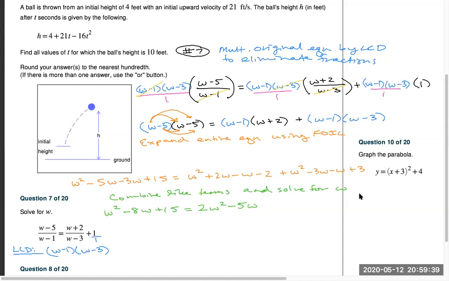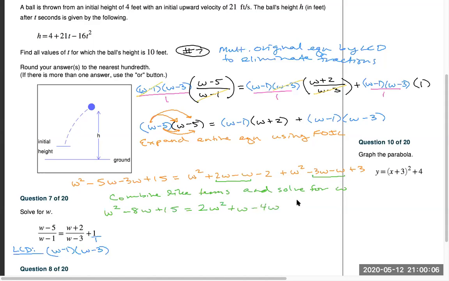Let me just check. Oh, yeah, my bad. Let me just do it in steps. So here, start with this part. That's just going to be plus W. And then here, that's going to be minus 4W.